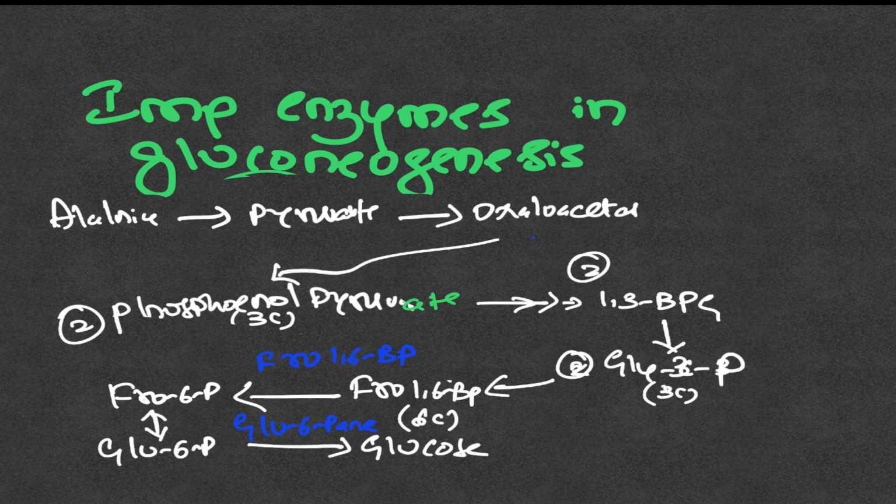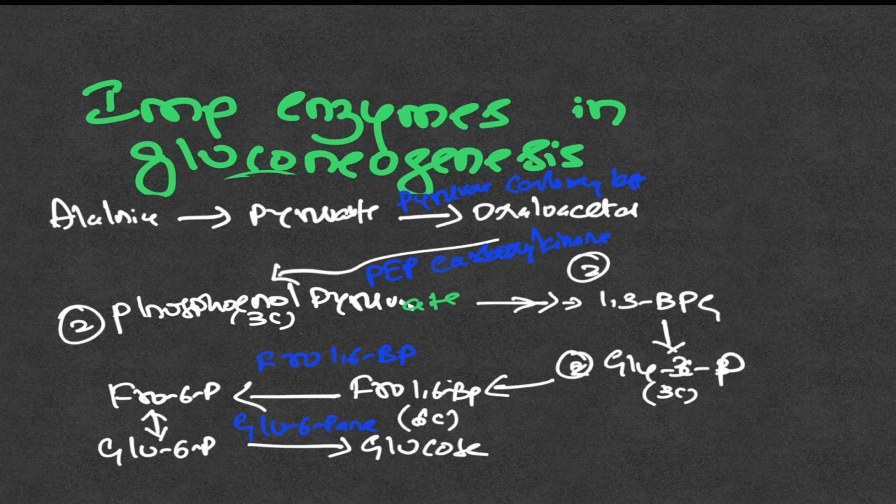So, pyruvate into oxaloacetate, we have pyruvate carboxylase enzyme, and oxaloacetate into phosphoenol pyruvate, we have phosphoenol pyruvate carboxykinase, PEPCK. So, these are the 4 enzymes now you are seeing.